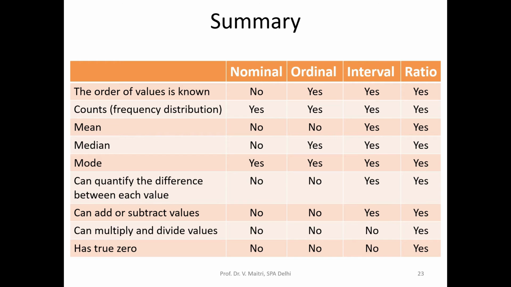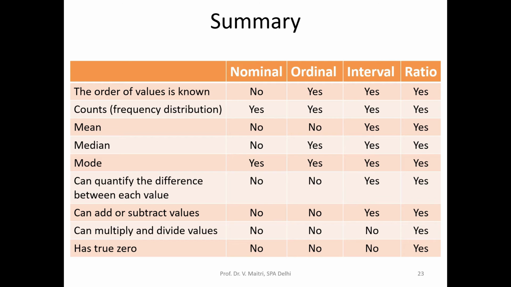Can we quantify the difference between values? In nominal and ordinal, no, that is not possible. Even with a rank, you cannot say that this is 50% ahead of that or 10% less than that. For interval or ratio, yes, we can quantify the difference. Can we add or subtract the values? In nominal and ordinal, no. Interval, yes, and ratio, yes. Can we multiply and divide?